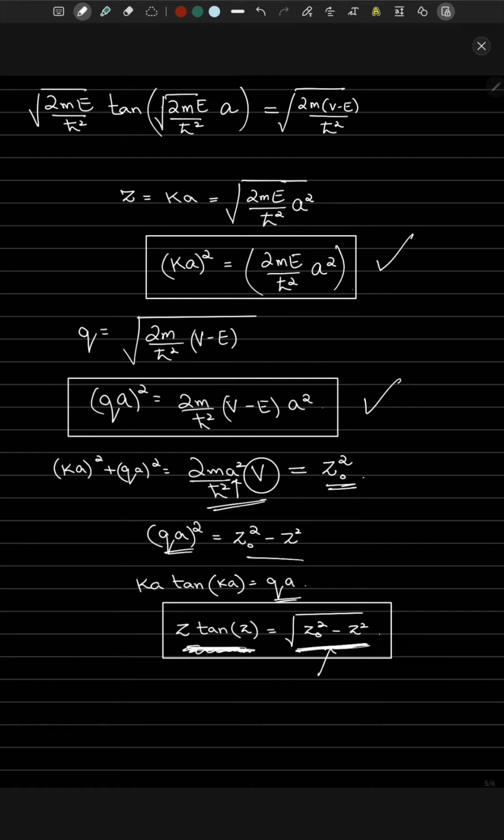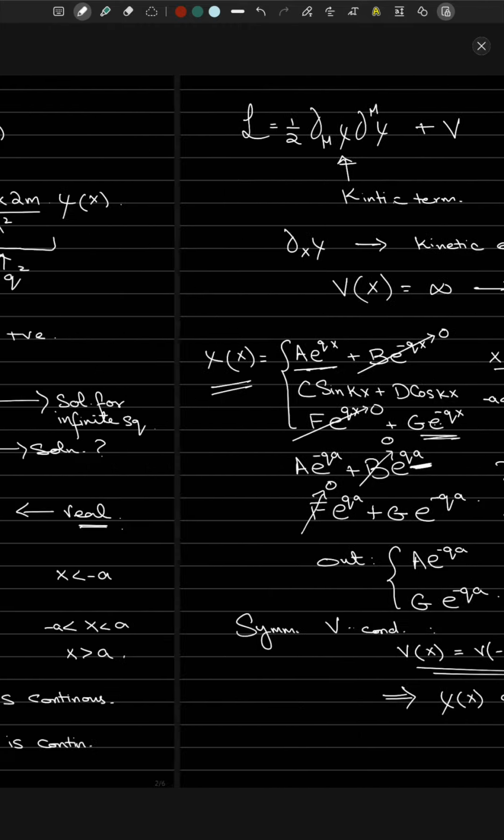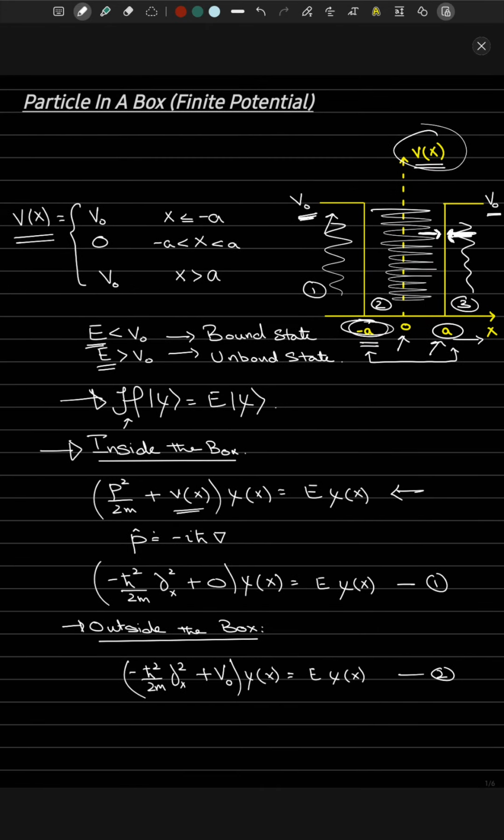So again, you get more and more energy states if you increase the width of the potential well. And if you think about it physically, if you look at this diagram, if I increase the distance between minus a and a, it is obvious that the particle can have more and more states, right?